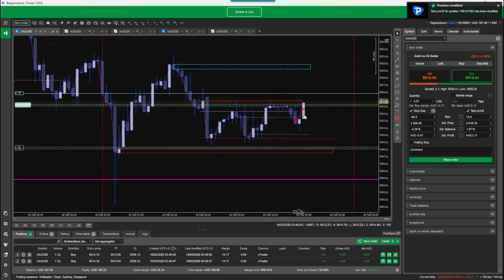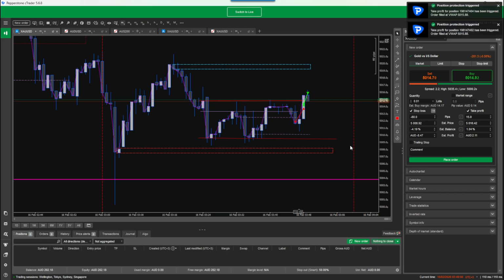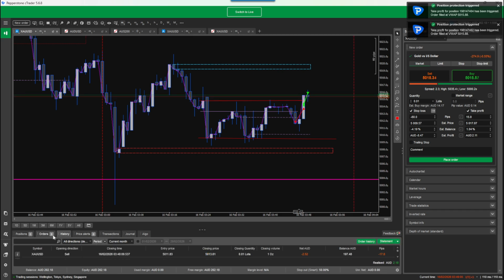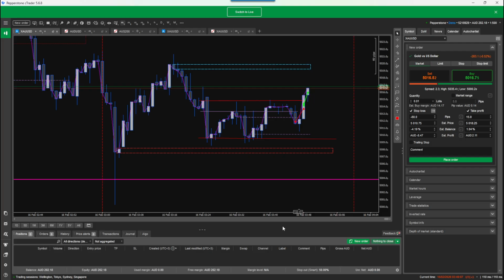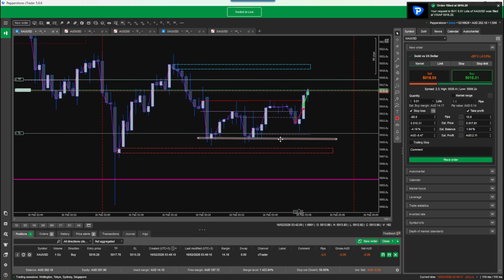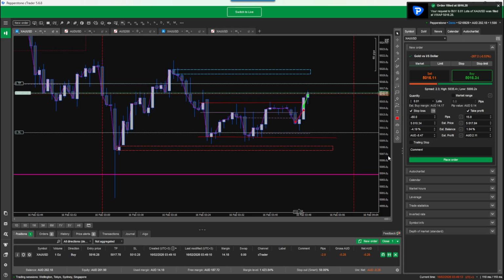Got in here, this candle broke this candle. It's come back up again here. It's got a higher high, and then we go. There's our two 15 pip trades. We're now in front. This one's just hit it again. And we'll see it fill in this little gap over here to the right.